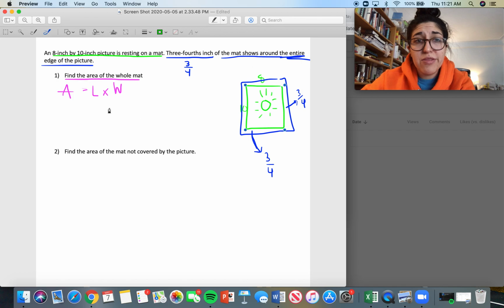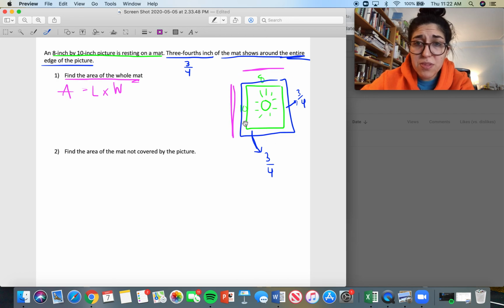If I were to move my picture, the mat would still be there. So the length, if we're saying that for the picture, if we're saying this is length, right, and this is width, let's do it the other way. Let's say this is length and this is width, then the area for the mat is going to be this whole thing, right? So it's going to be, let's say the length, it's going to be these 10 inches, right?